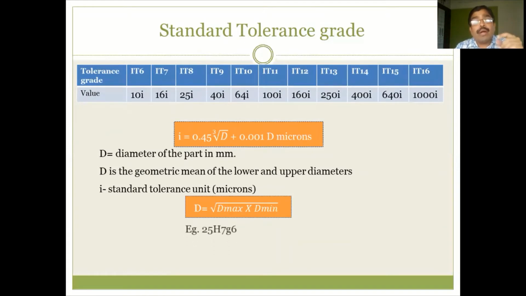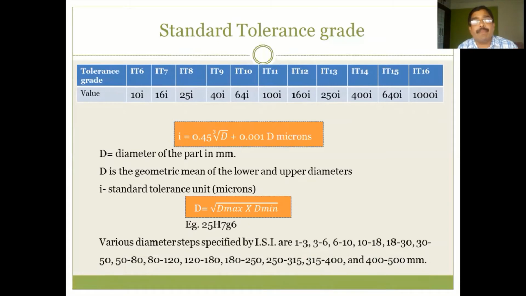Now, I will take an example. Suppose 25 H7/g6. What is that 25? 25 is the diameter of that part. And this 25 diameter of the part, as per the ISI, will lie in the range of 18 to 30.